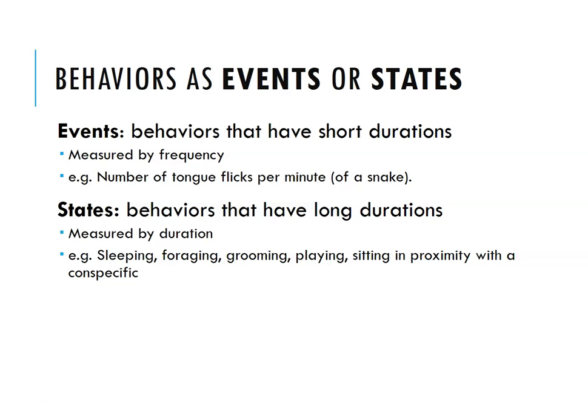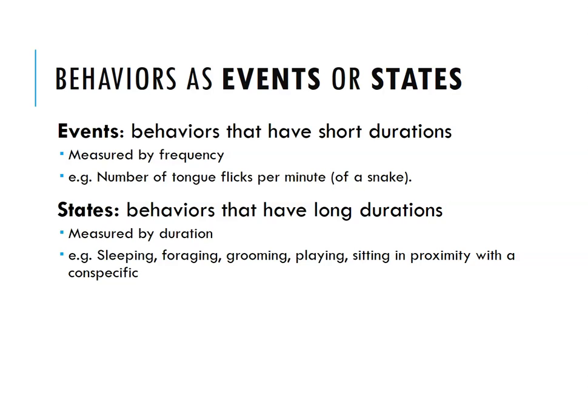They happen very quickly. And we typically measure those by frequency because they don't happen for a prolonged period of time. They're instantaneous, and so we're counting how many of them there are. For example, the number of tongue flicks per minute, the number of lever taps per minute.